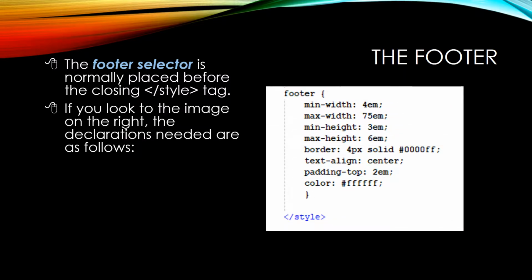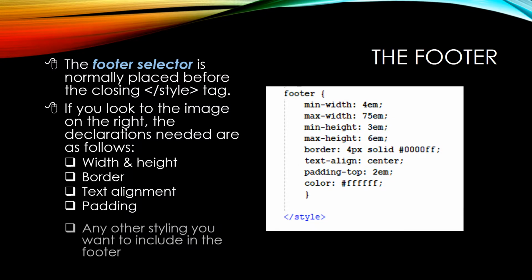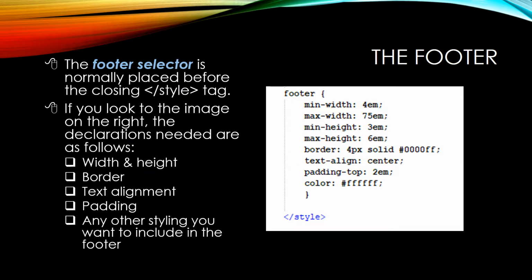If you look to the right, you're going to see that the declarations you'll need for the footer are as follows. You need the width and height, border, text alignment, padding, and any other styling you want to include in your footer.